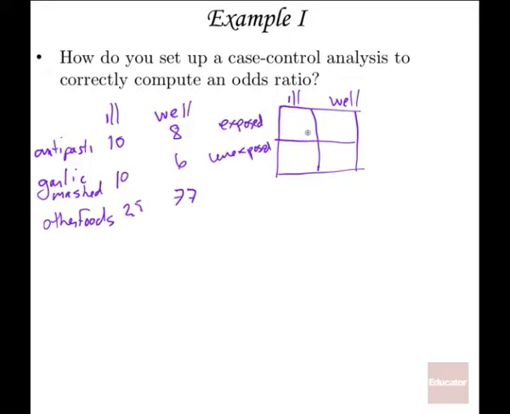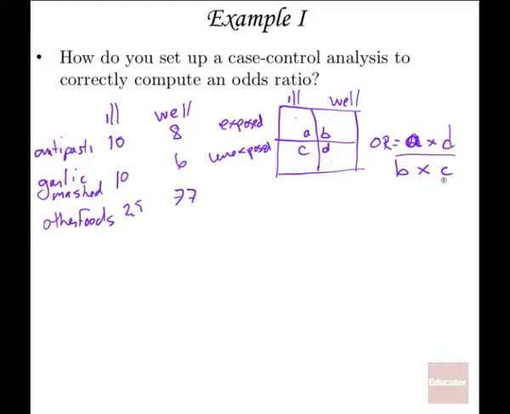So you label the cells A, B, C, and D, and then the odds ratio formula is A, or here I'll make it lowercase, a multiplied by the number in D divided by B multiplied by the number of individuals in C. So in each of these cells are counts of individuals. If you set up the table exactly like this and you use this calculation, you will be able to compute your odds ratio.